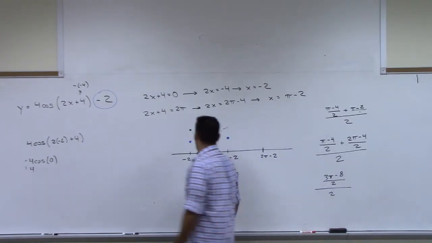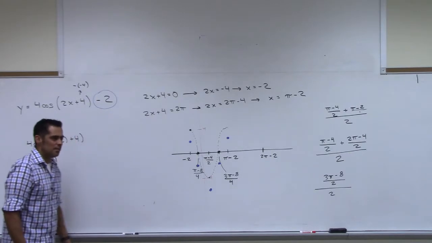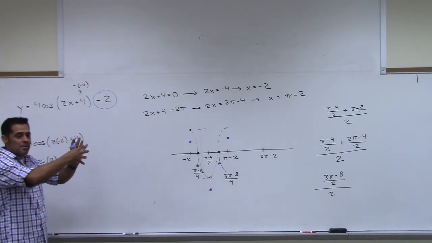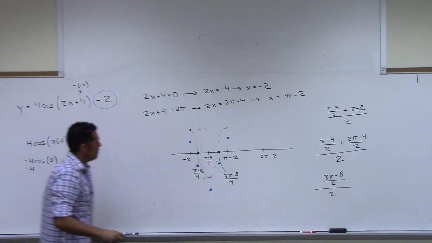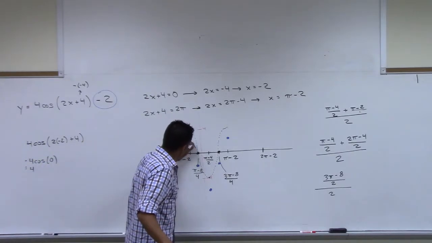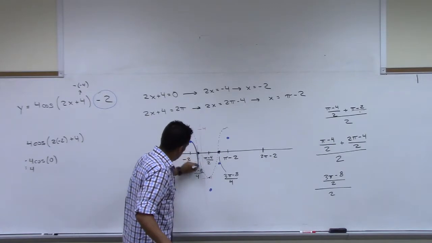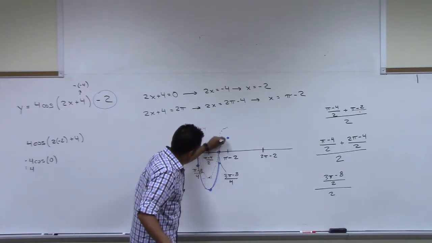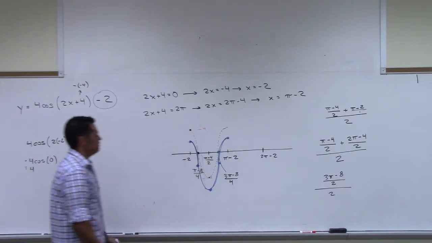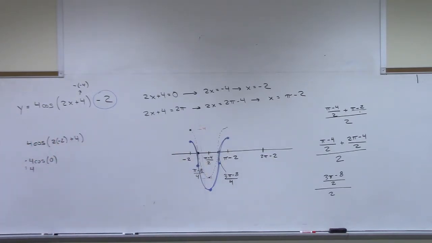I know it starts to become a jumbled mess, but I was trying to get 2 periods in there. If I was doing 1 period, this would be a little more spread out and would look a little better. Like that. That's it.